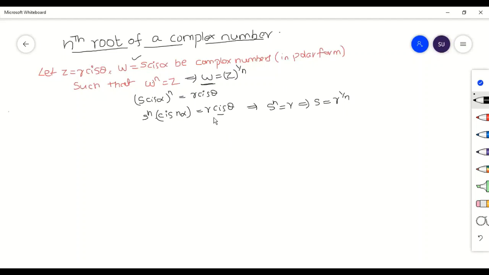In the same way, equate cis n alpha is equal to cis theta. If you expand it, this is cos n alpha plus i sin n alpha, that is cos theta plus i sin theta. Now equate any two. Here we need to find the alpha value. For that, equate real parts, that is cos n alpha is equal to cos theta.